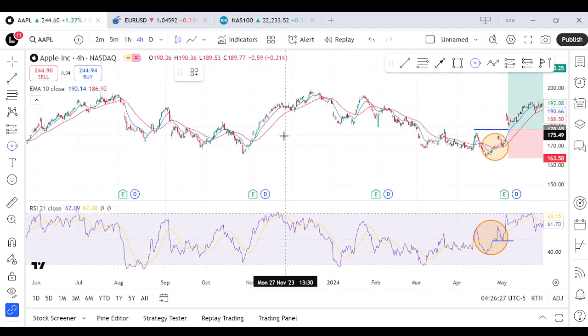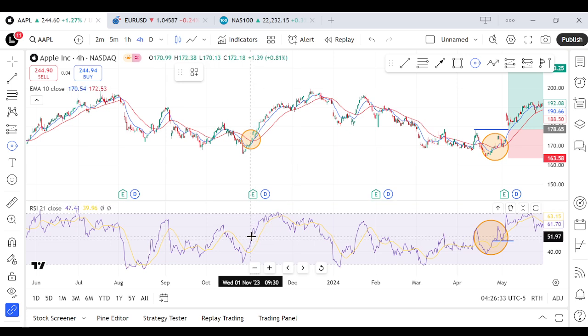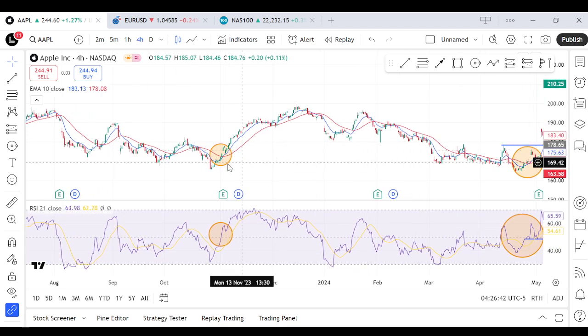We have this with the 10 period moving average going above the 20 period moving average, and at the same time we have the RSI going above the 50 level. So this is a very perfect example, and now you can see price giving us this steady buyer strength.